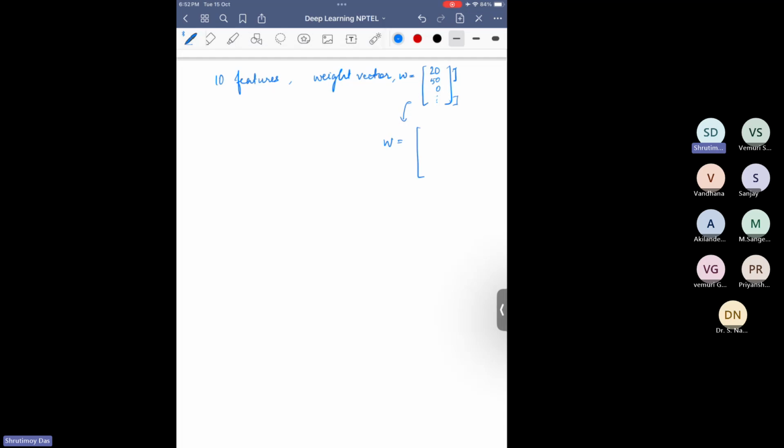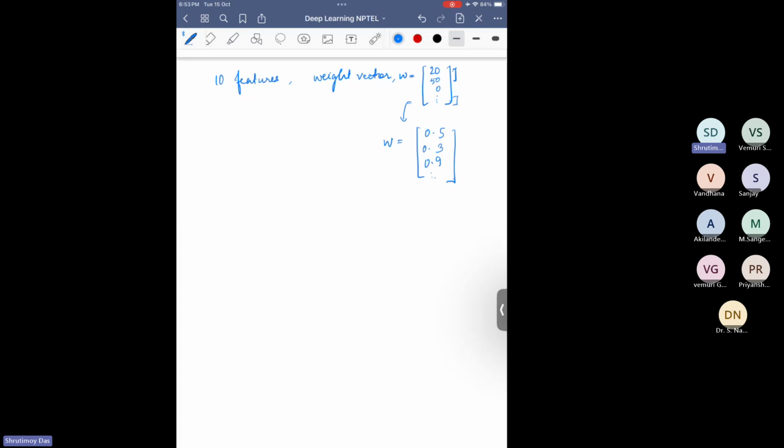Say I will say that the importance of my first feature is 0.5, the second is 0.3, third is 0.9, and so on. So that means we want to regularize. I don't want to overfit to the data that I have seen. Maybe for the training data only the first two features are important, but I don't want my model to overfit to the training data.